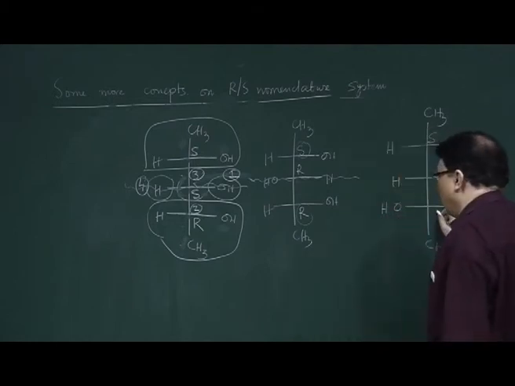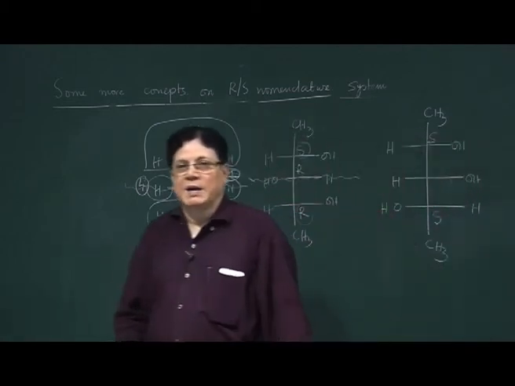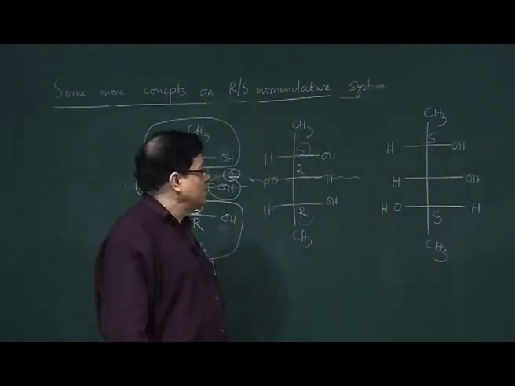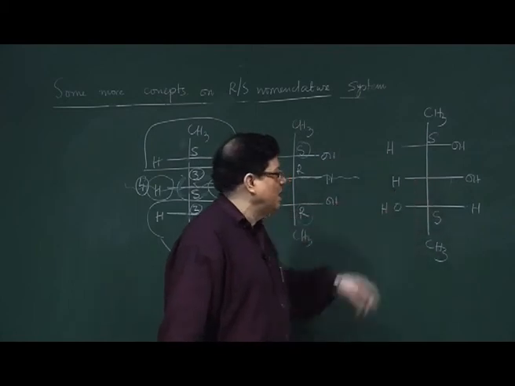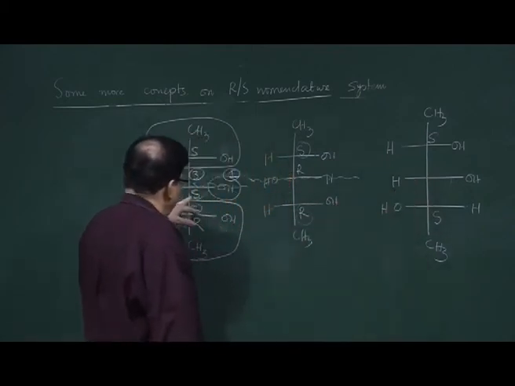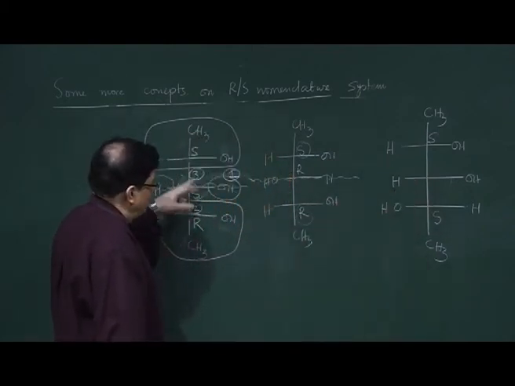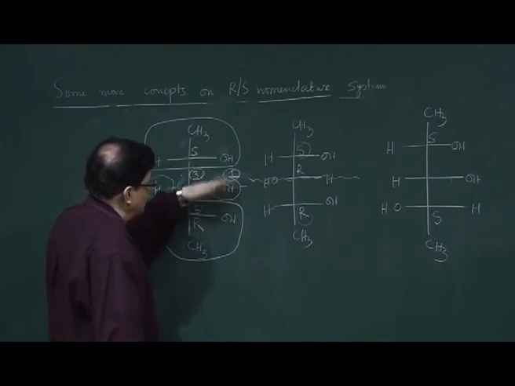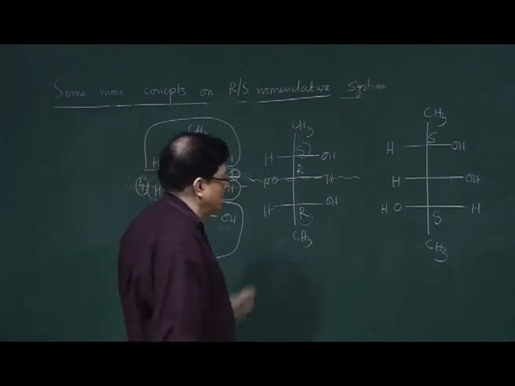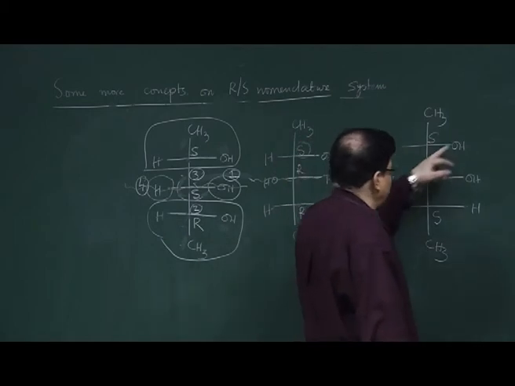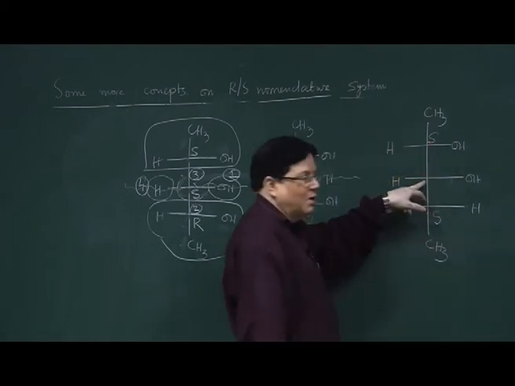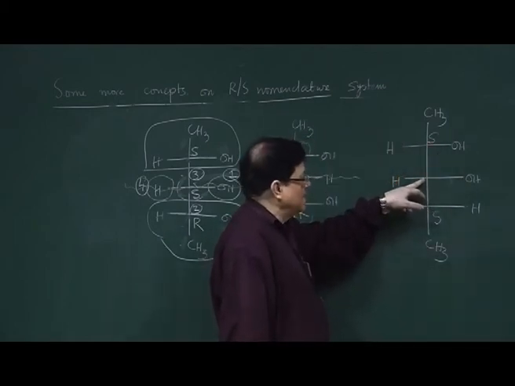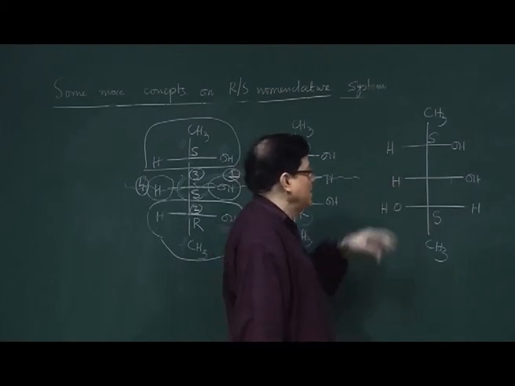So, earlier it was R, now it should be S. So, these 2 are S. So, this carbon now is no longer a chiral center. Earlier it was chiral, when these 2 OHs are on the same side, but when they are on the opposite side, now it is no longer a chiral center or asymmetric center.